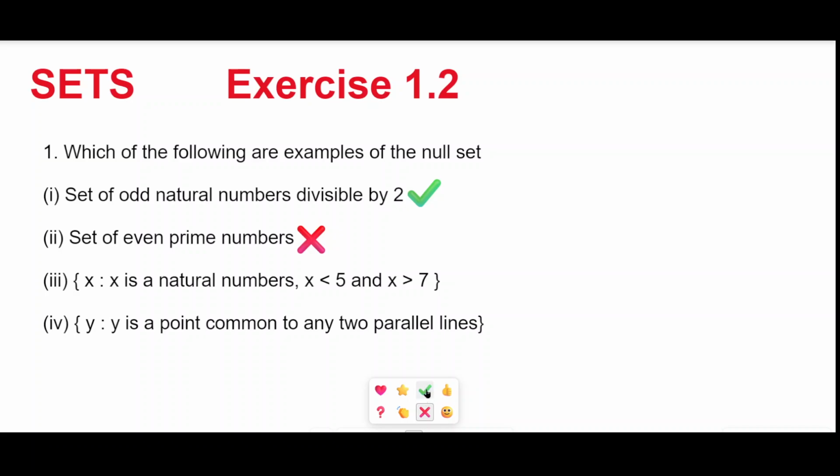Now x such that x is a natural number, x less than 5 and x greater than 7. So there are many numbers, so we can say here x is a natural number, x less than 5 and x greater than 7.